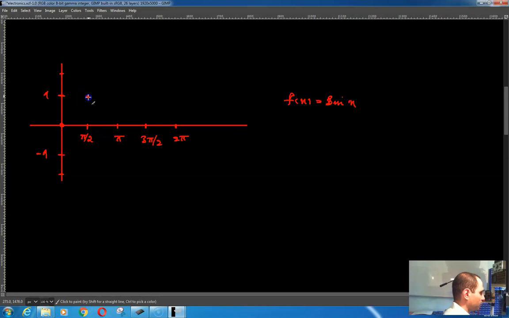At pi by 2 it becomes 1, at pi it becomes 0, at 3 pi by 2 it becomes -1, at 2 pi it becomes 0. As a result you would get a function like this, and that is the original sine function, right?